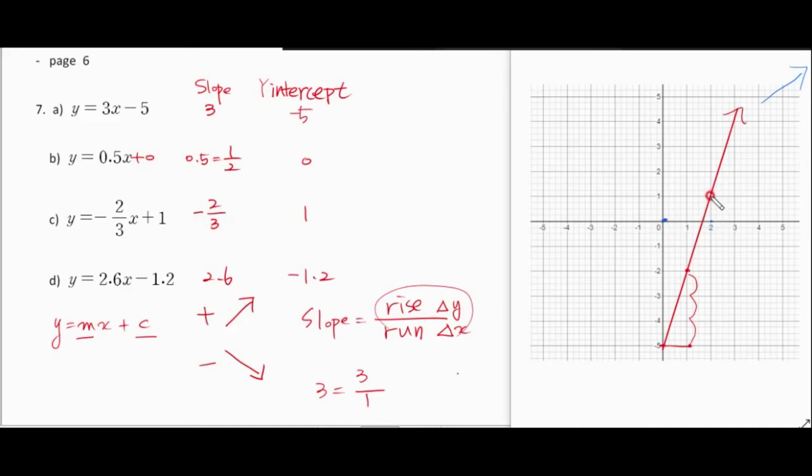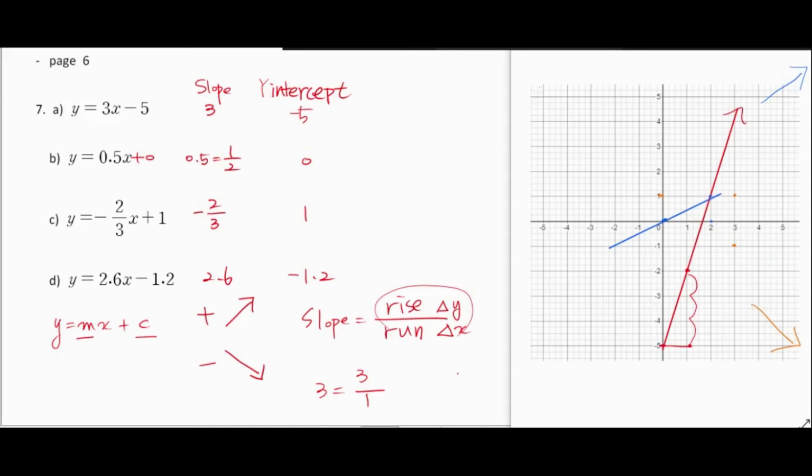And then connecting these two points, this will be the graph of question B. And now there's C. The slope is minus, so it heads right down. The y-intercept is 1, so it will be right here. It moves 3 for the x and 2 for the y, but because it heads right down, it'll go down instead. And connecting these two points, this will be the graph for C.